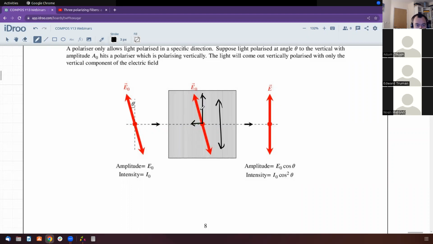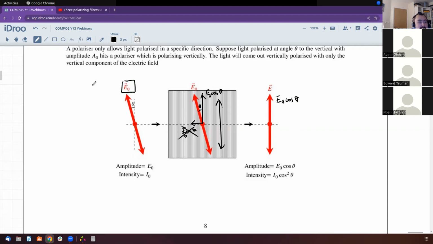If this angle is theta, this is E cos theta, and this is E sine theta. So E sine theta cancels out, and you are left with E0 cos theta. E is the electric field. The component of the electric field perpendicular to the polarizer is cut off. Therefore, you're only left with the vertical component, which is E0 cos theta.